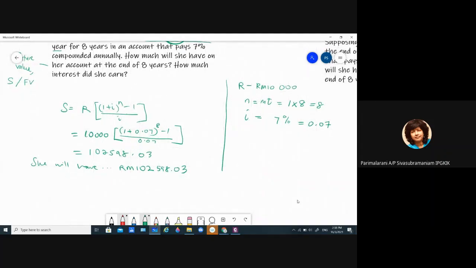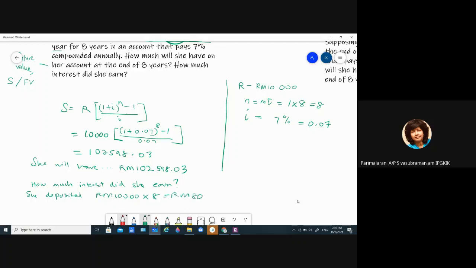So now to calculate how much interest she earned, we need to know first how much money she deposited into her account. So how much did she put in? Her deposit is 10,000 per year multiplied by 8 years.